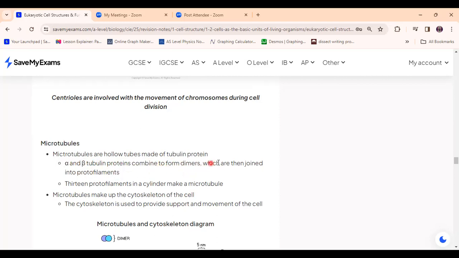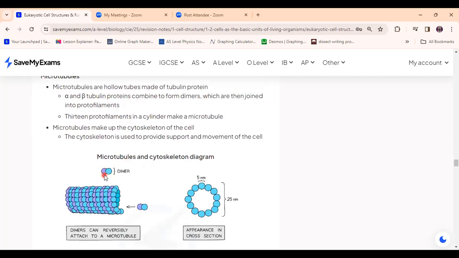Then they are further joined together to form a protofilament. Let's suppose this here's an alpha tubulin, here's a beta tubulin. They interact to form a dimer. Now we've got several dimers that attach to each other to form a protofilament, which is like one long chain.